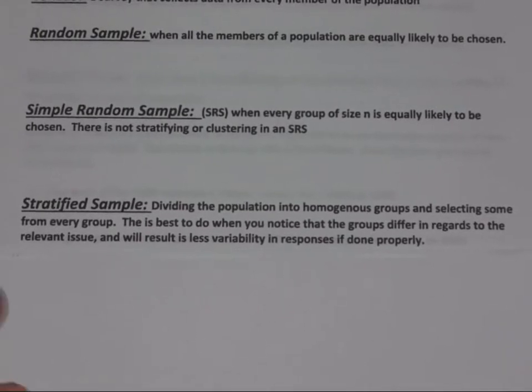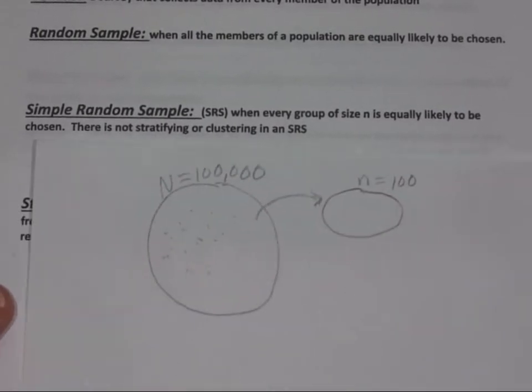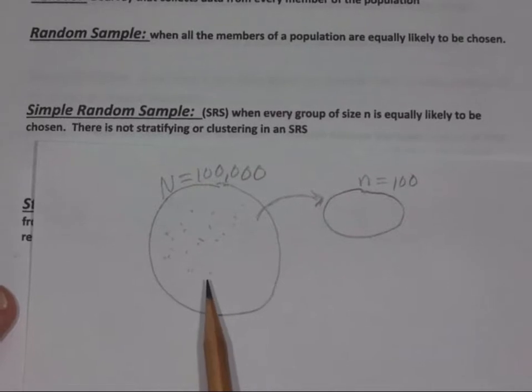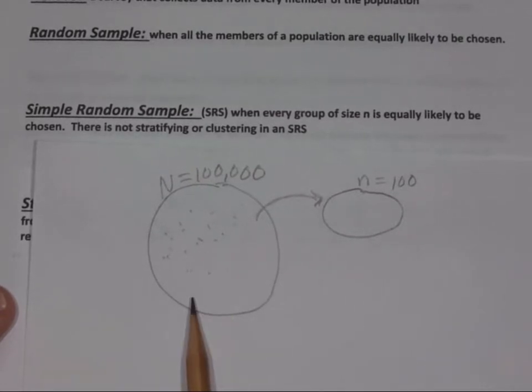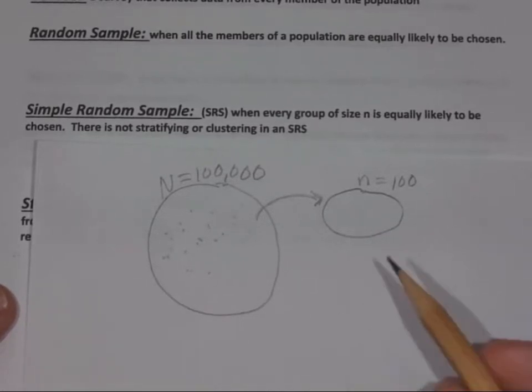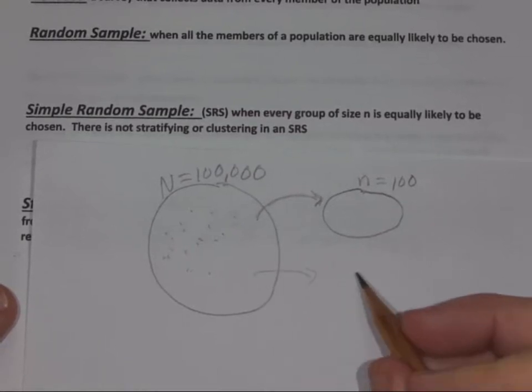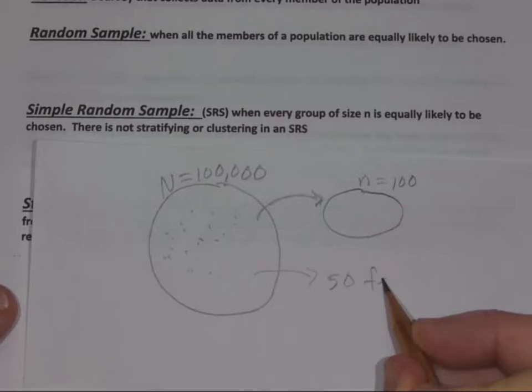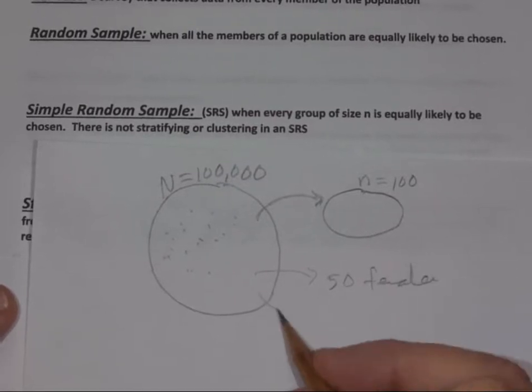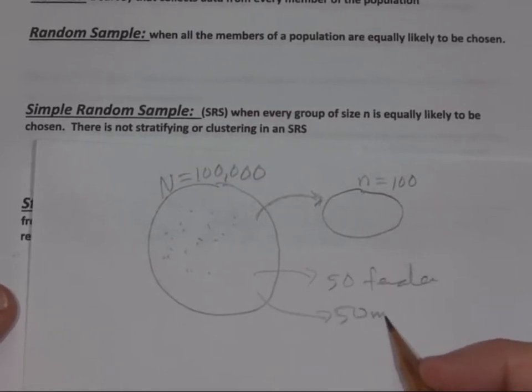So let's say in our little population, we have a reason to believe that the males and females are going to differ in regards to what we're measuring, let's say the proportion that are going to vote for a candidate. If I want a more precise answer, I'll do a stratified sample. I'll randomly select, let's say, 50 females, and I'll randomly select 50 males. And those are my groups, or my strata.